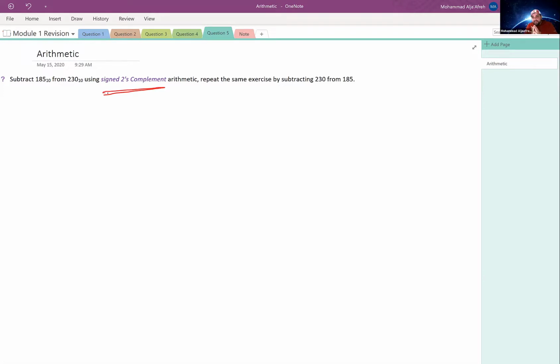That means that the most significant bit will always indicate the sign of that number in binary. If I told you to use unsigned two's complement arithmetic, we don't care about the most significant bit. Now, so 185 base 10.